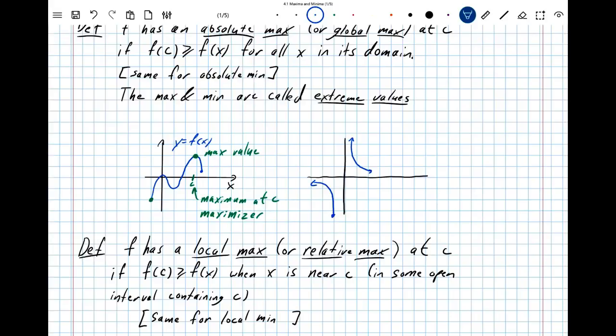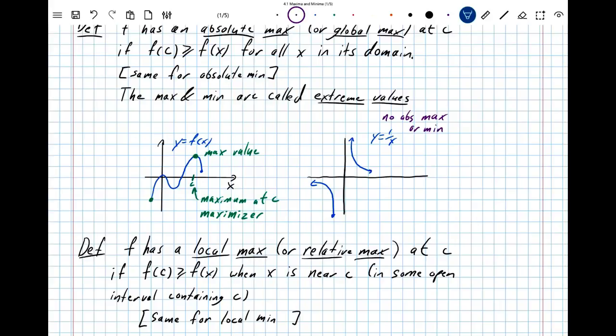Do you know what function that is? Well, the function I meant it to be, whether or not I drew it quite right, would be y equals 1 over x. Okay, and there is no point that is a maximum. If there is no point that is a maximum, then this thing is going to have no absolute max.